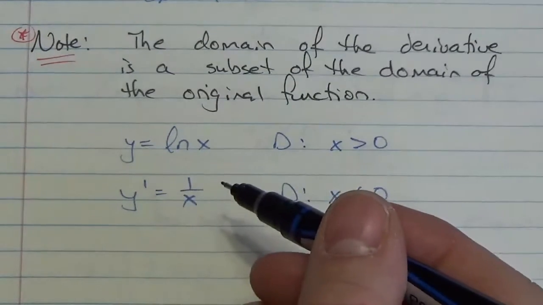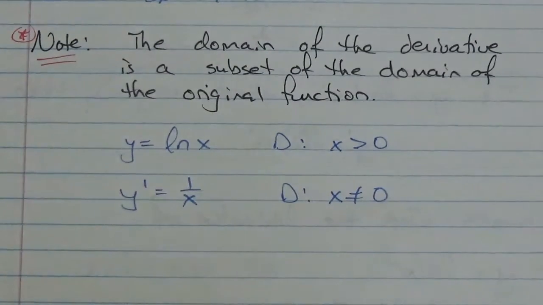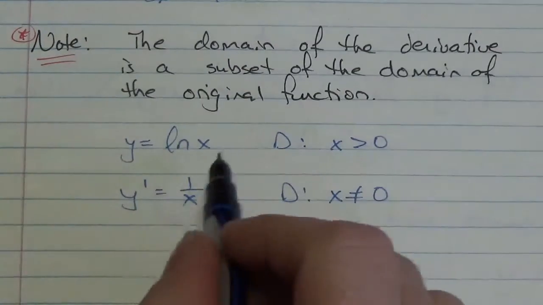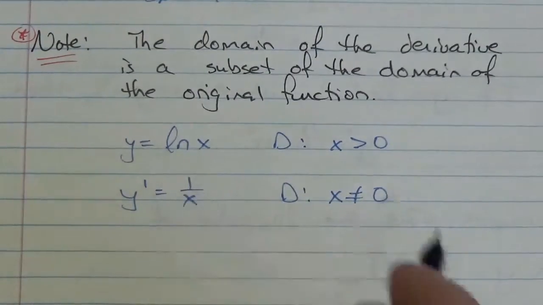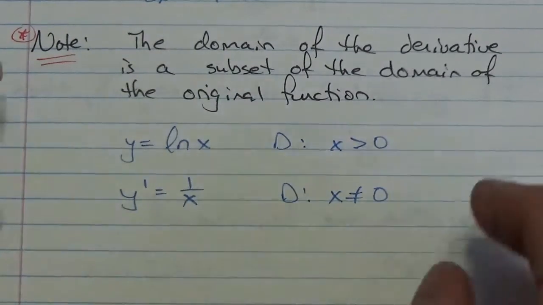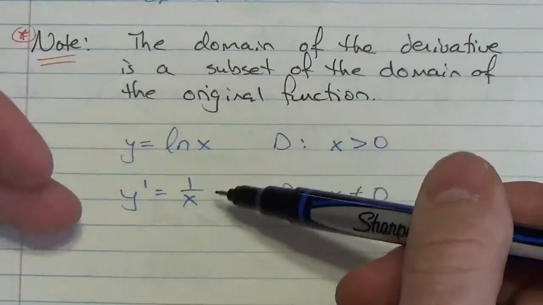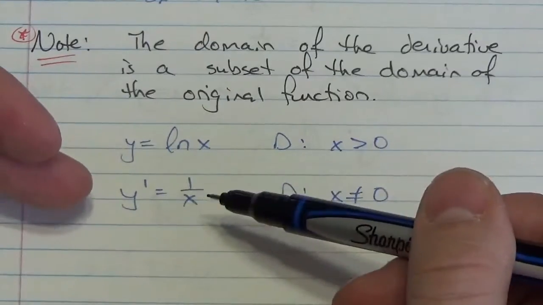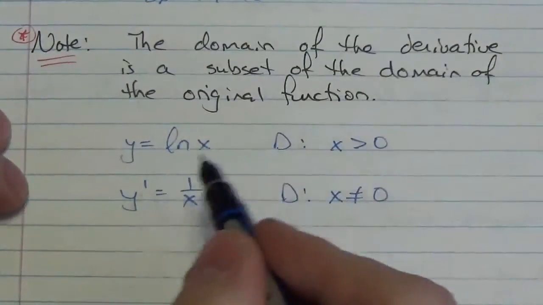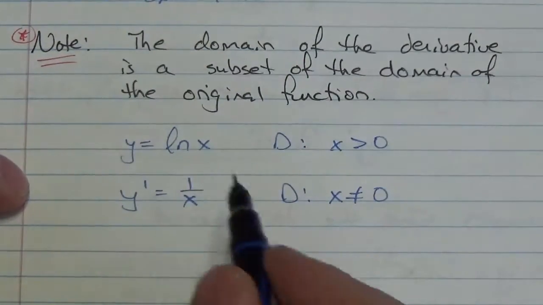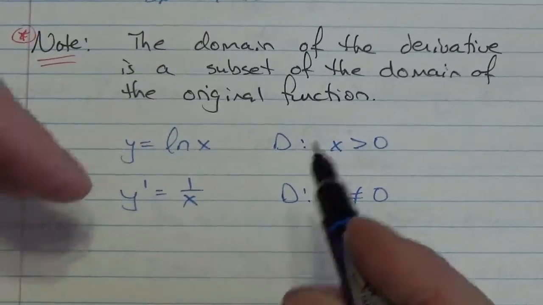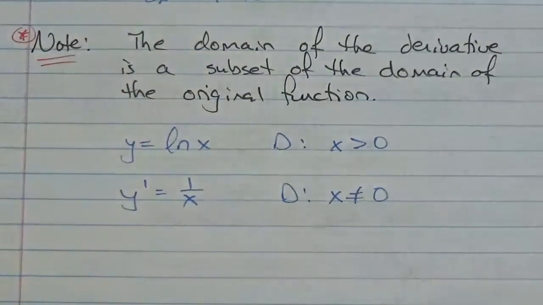I can certainly do 1 divided by a negative value. That's totally fine. But I can't plug a negative value into this natural logarithm. So I'm running into a bit of an issue where, when I take the derivative, the domain of my derivative is larger than the domain of the original function. In other words, I'm finding slopes that don't correspond to this particular function.